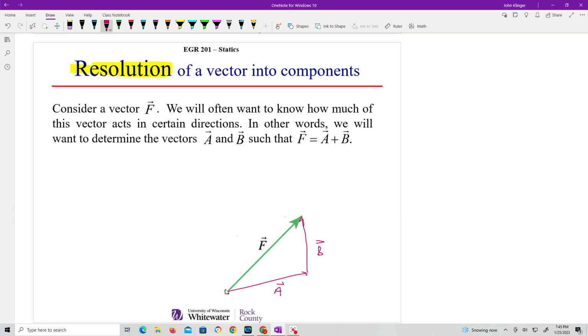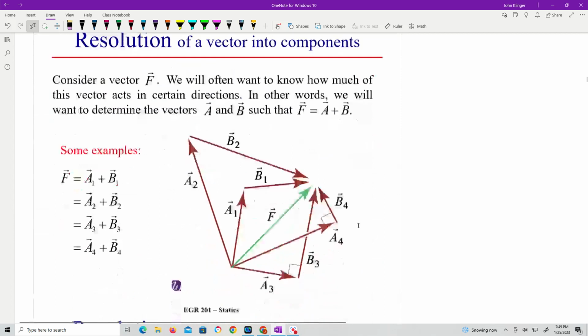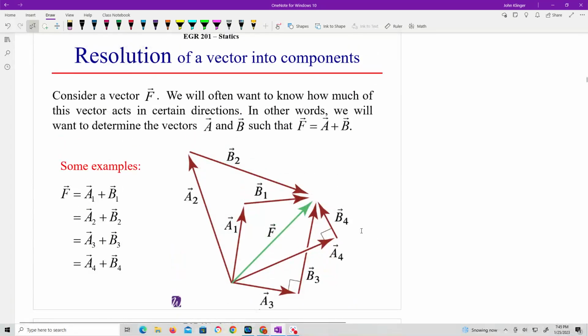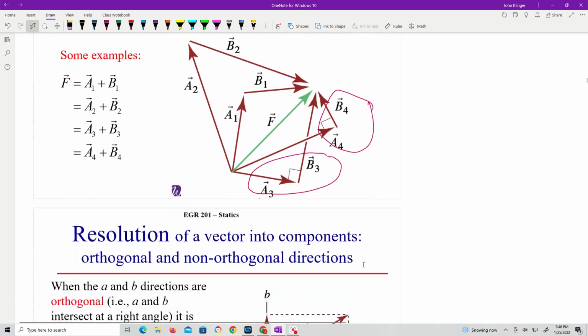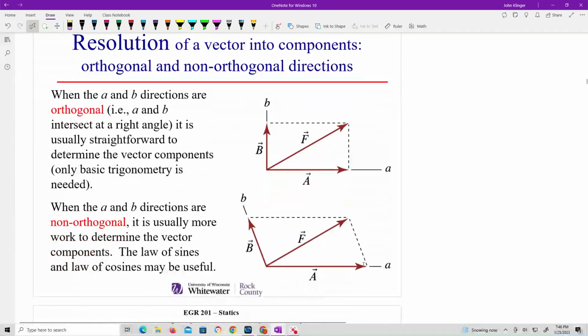Or I could have a vector that goes like this, vector A, or B. I could even say it's vector B, and I could say this one's vector A. And if you think about it, we have an infinite number of possibilities to equaling vector F. Conveniently, this is a nice setup right here. If we can do it as right triangles, it'll be a lot easier for us, as we'll find out later. But all those are possible solutions.